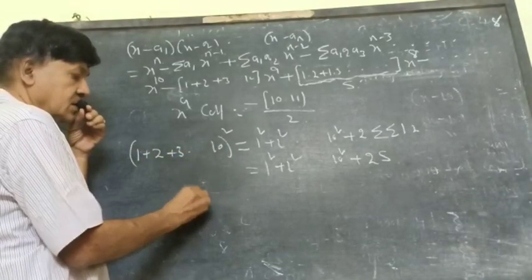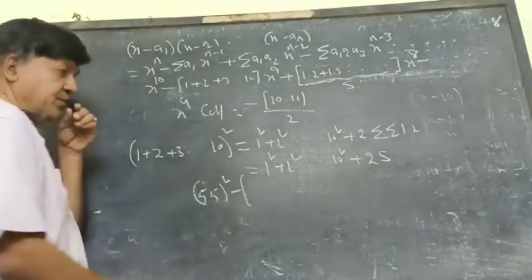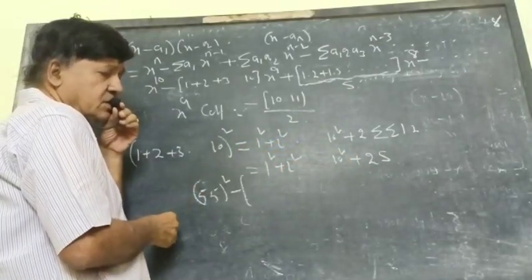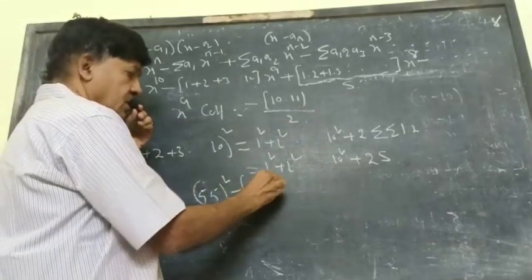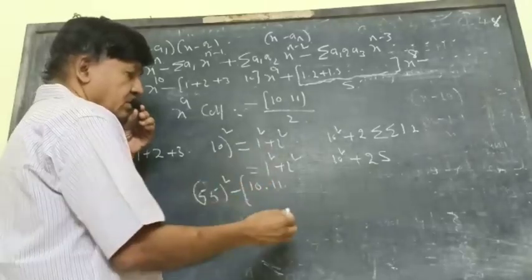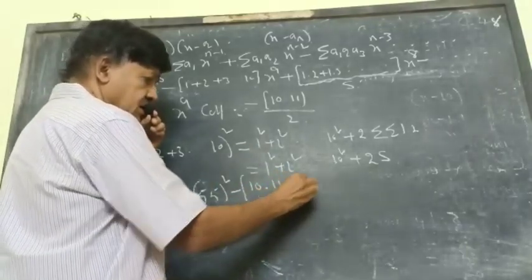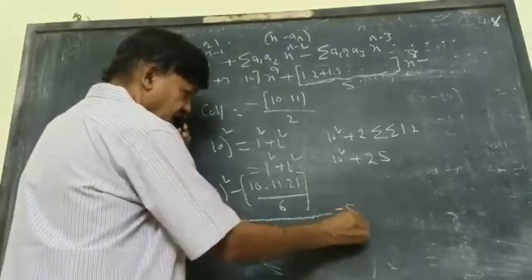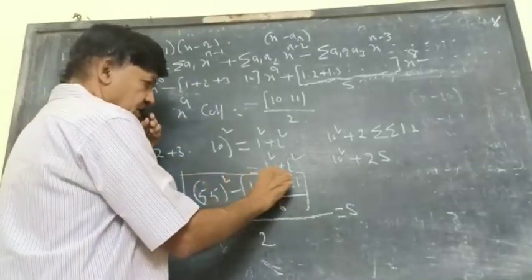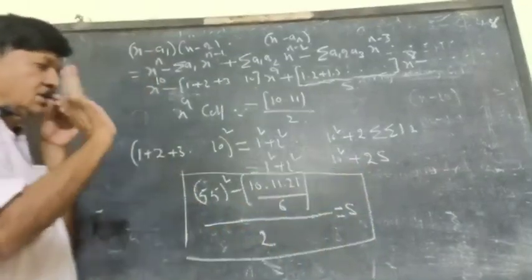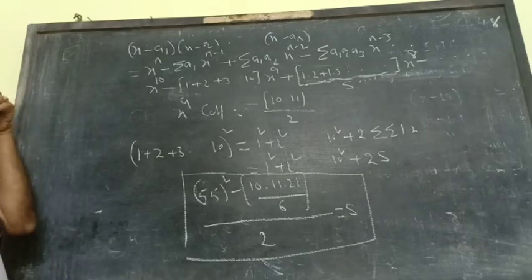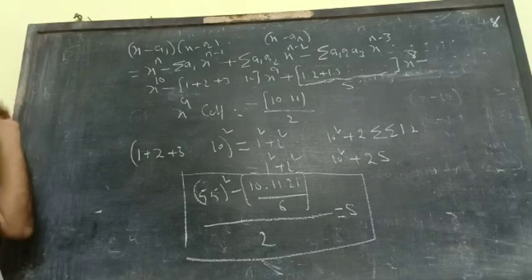So you will get how much? 55 whole square minus 1 square + 2 square + 3 square up to 10 square, which comes to this side, is the sum of the squares of the first 10 terms: n into (n + 1) into (2n + 1) by 6, that is 10 into 11 into 21 by 6, all by 2, is equal to S. So the coefficient of x power 8 has to be estimated like this: 55 square minus 10 into 11 into 21 by 6, by 2. Yes, I think you are following.